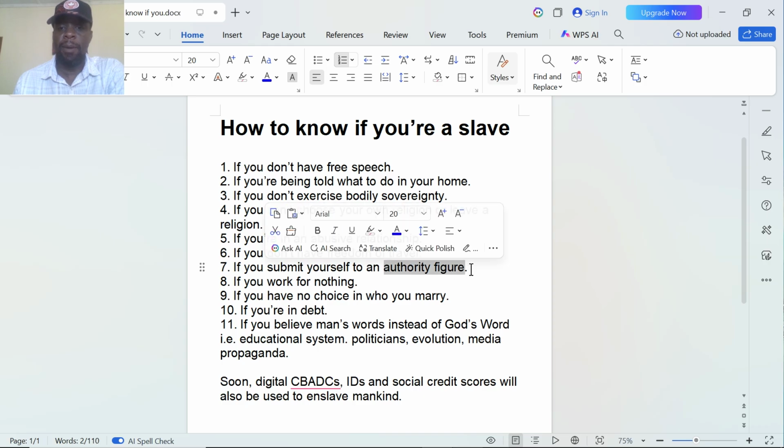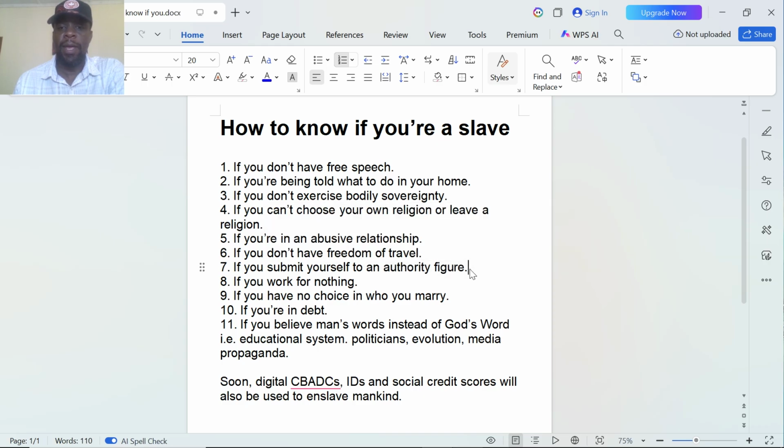An authority figure is someone that is commonly thought to have some kind of authority in life, and normally it's figures like pastors, priests, even the Pope, doctors, politicians, and the so-called authority figures in unelected organizations. For instance, the United Nations and the World Health Organization. That when they say something, it's supposed to be binding.